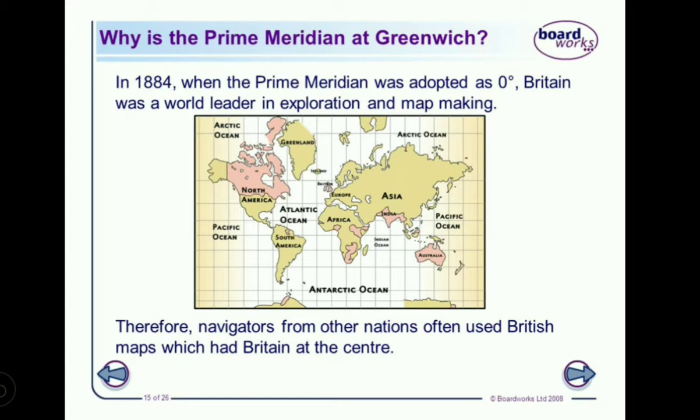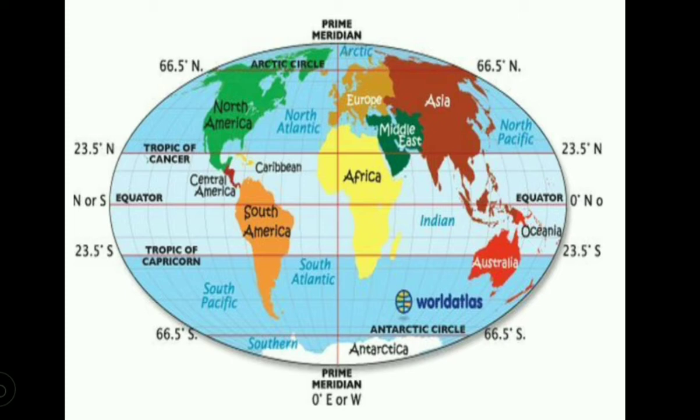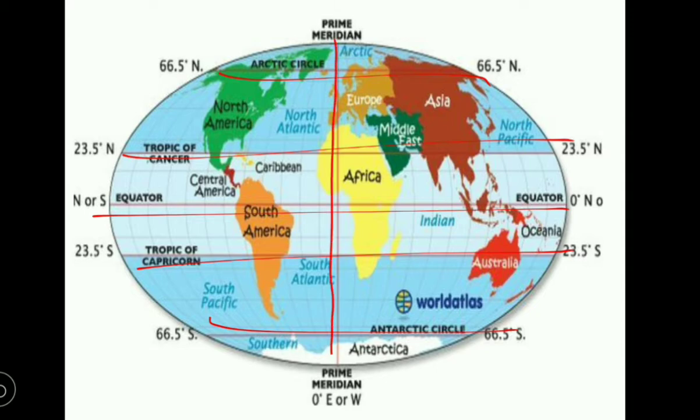That's why Britain considered Greenwich as the place from which the 0 degree meridian starts. Therefore navigators from other nations often used British maps, which had Britain at the center. So these are the latitudes, and the prime meridian cuts or divides the latitudes.